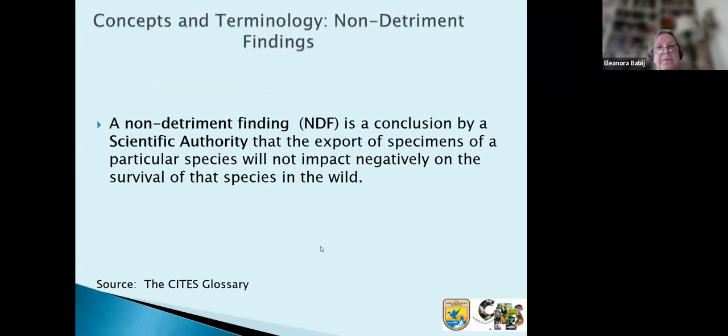Non-detriment findings are defined in the CITES glossary, and Rose talked a little bit about this in her presentation. A non-detriment finding is a conclusion by a scientific authority that the export of specimens of a particular species will not impact negatively on the survival of that species in the wild.